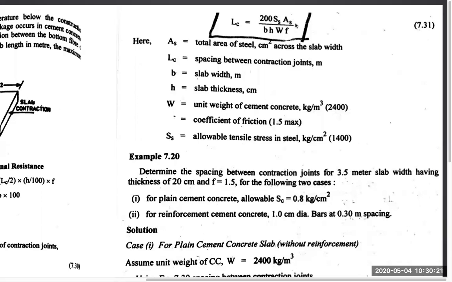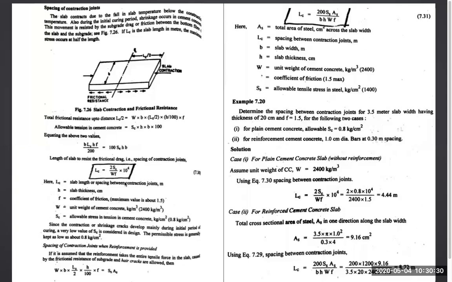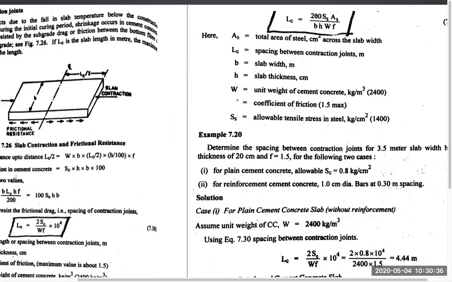So LC for reinforcement, there are two cases. If reinforcement is not there, then the earlier equation applies, and this equation is when reinforcement is provided. Okay. So AS is represented by the total area of steel in centimeter square. And LC is the spacing between contraction joints.